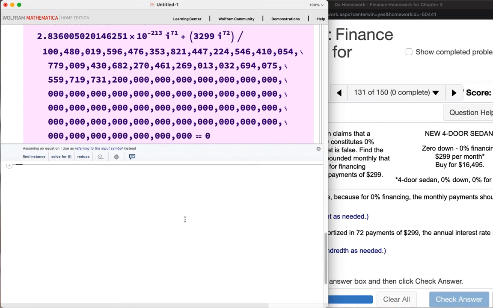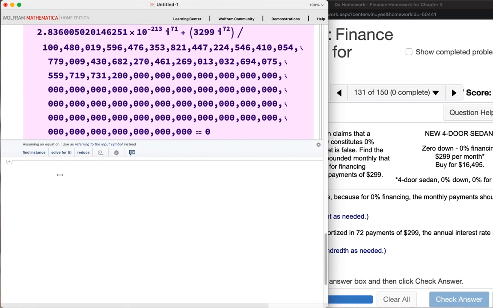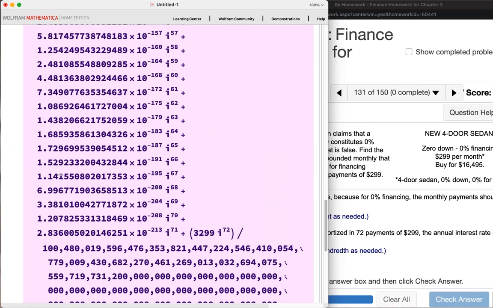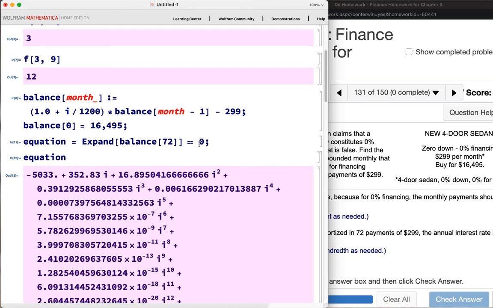I don't recommend that you use the Solve command because that could lead to some problems. And by the way, in case you're wondering, why do I set the expression equal to 0? Well, because when you're done making your payments, you owe $0. You don't owe anything. So of course it's going to be equal to 0 after 72 months.